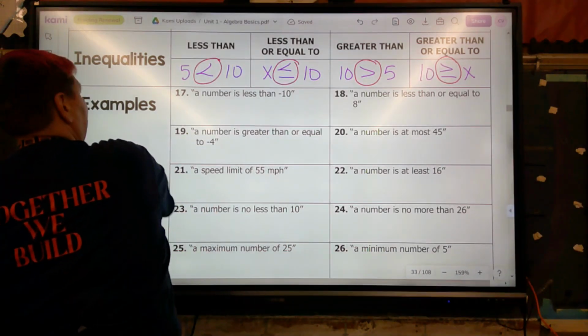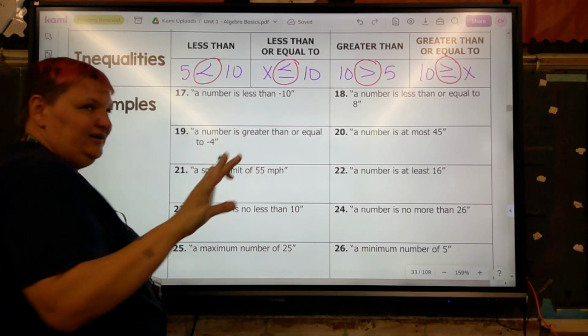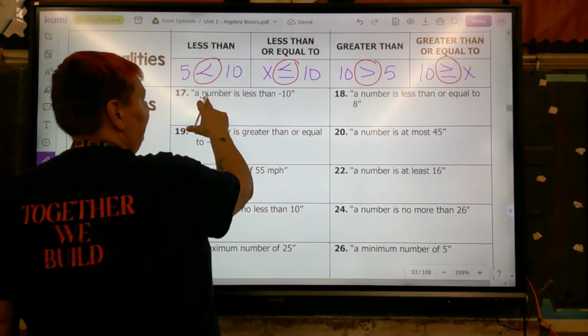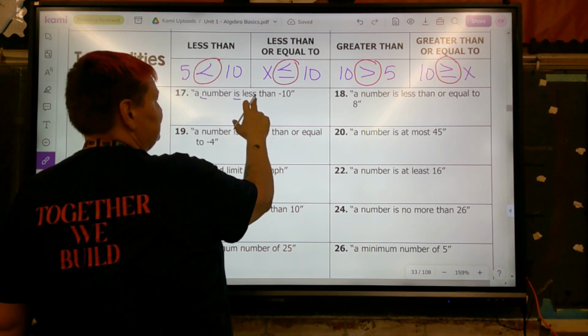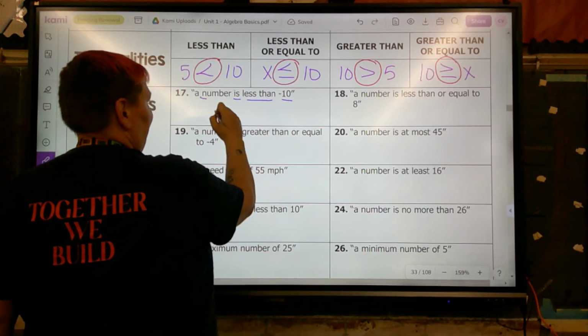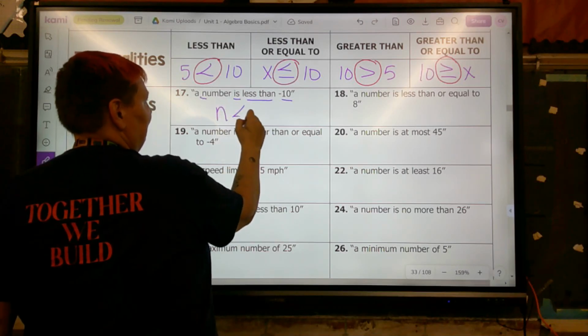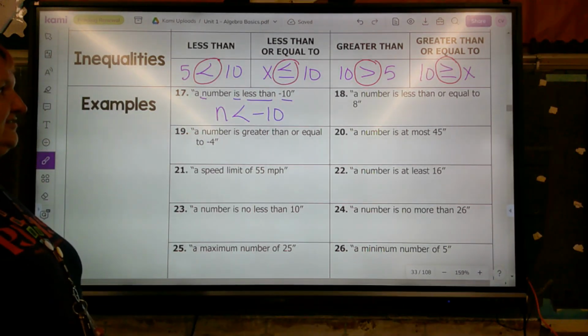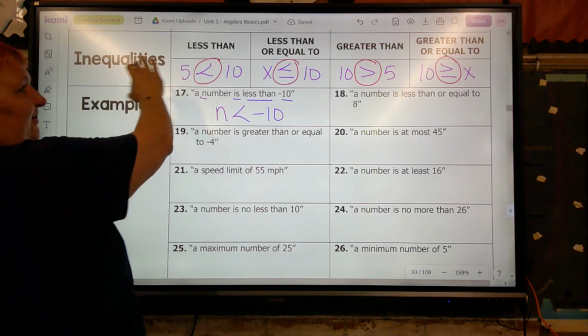So, let's translate. Same phrases, same key terms. A number is less than negative 10. All you have to do is translate it using the correct inequality symbol.